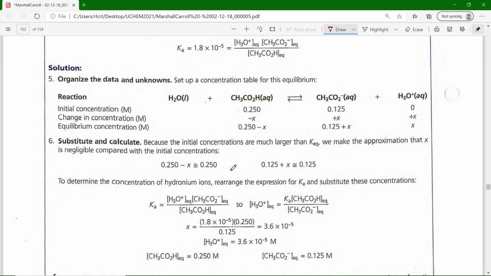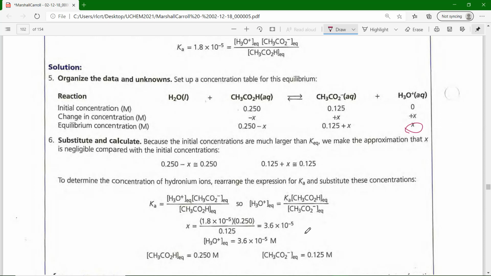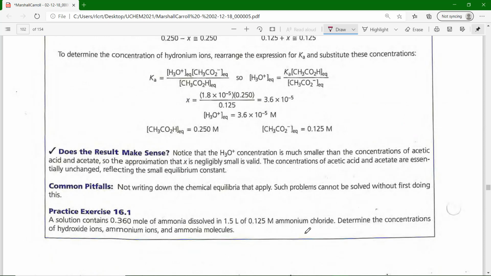X is negligible compared with the initial concentration. So my Ka, I want to isolate for X. I want to find out how much H3O plus there is. And it turns out to be 3.6 by 10 to the minus 5. So that's pretty small, which means the initial amounts that you put in of the acetic acid and of the acetate are pretty darn close to the equilibrium amounts.